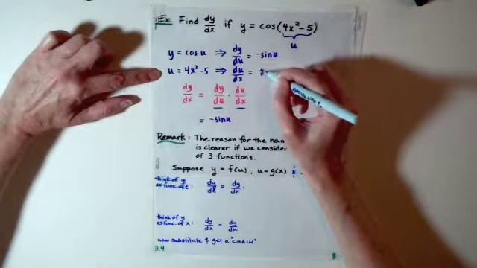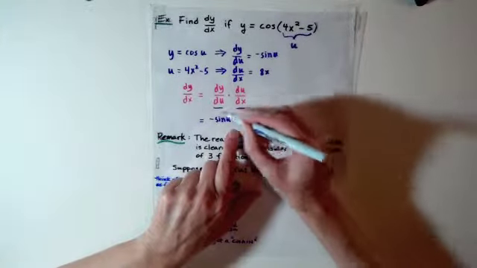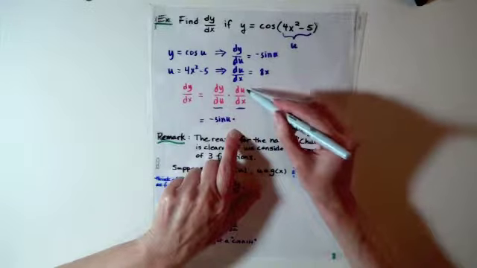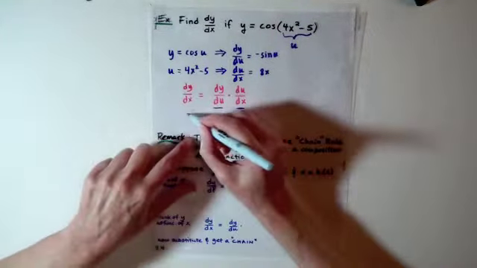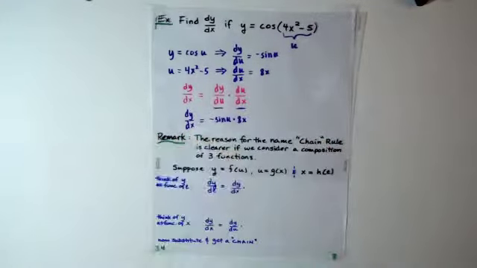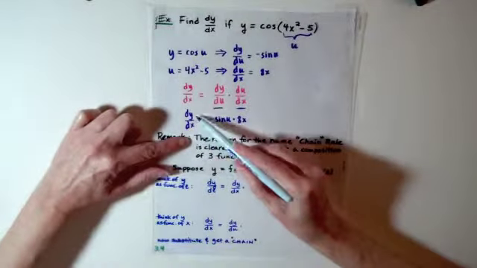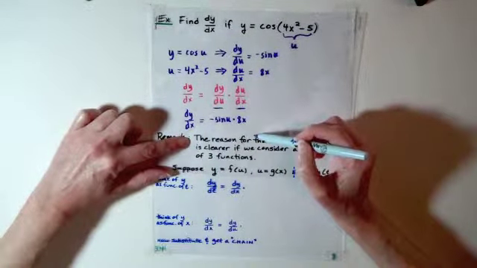That's equal to 8x. So that's the second term that goes down here in my alternate form of the chain rule. Du dx is equal to 8x. And that's what dy dx is equal to. So I've got dy dx is equal to minus sine u times 8x.